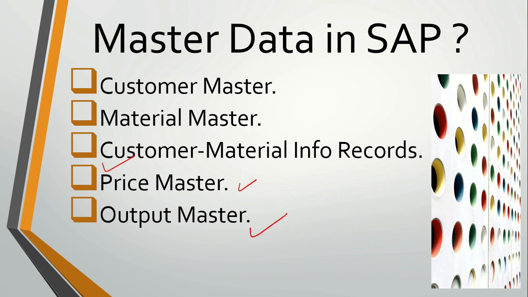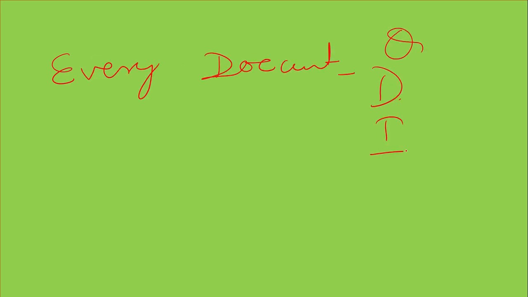And there is output master also. So what is output master? Every time you create any document, meaning order, delivery, invoice, for example, you have to take a printout, right?